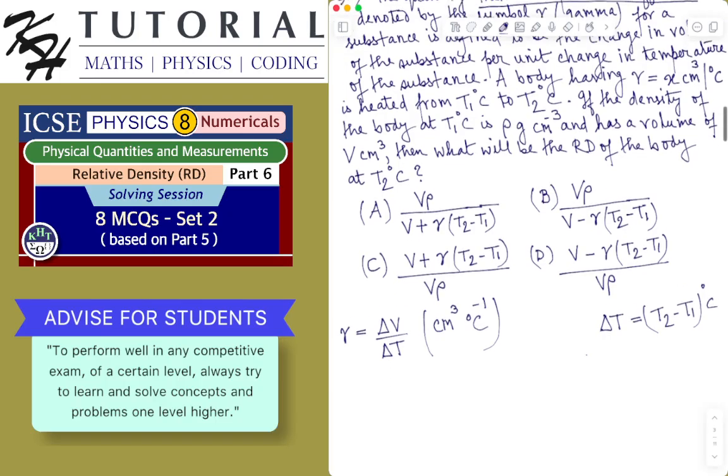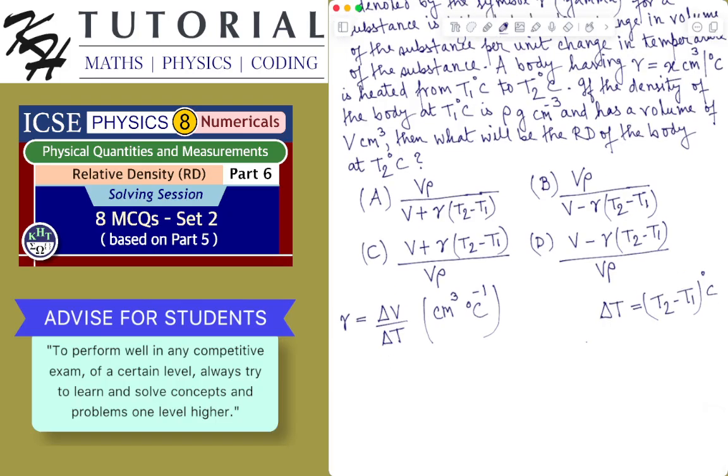Now let's visualize the concept. Let's say this is the body at T1 degree Celsius. It is being heated, and this is the body at T2 degree Celsius. So delta T, that is the change in temperature, is T2 minus T1.